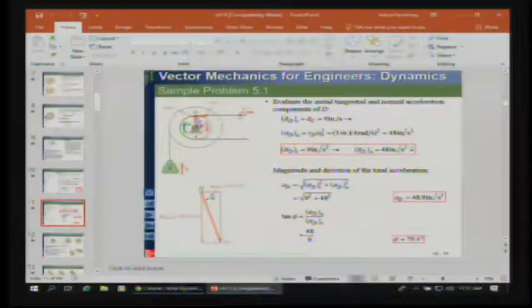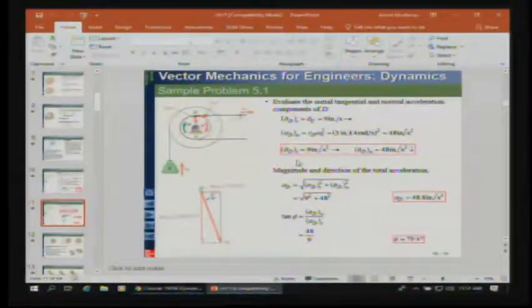We know that this point D is on the inner pulley, and C is being determined by the inner pulley. So their linear accelerations are going to be the same. So we can make that equation, and then we know that what we're talking about there is a tangential. All of the change in speed is accounted for on the tangent.